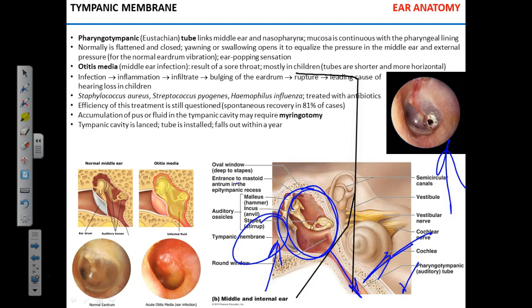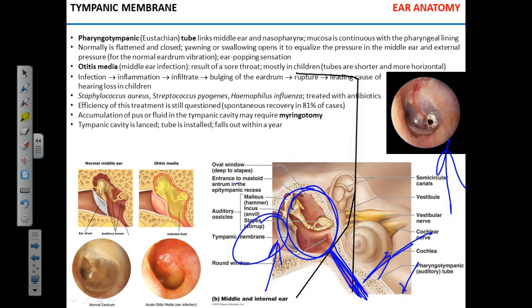Okay? The fact that the throat, nose and throat, nasopharynx, is connected to the ear determines why people can get otitis media, the infection of the middle ear, especially kids. In children, this tube is more horizontal than in adults.